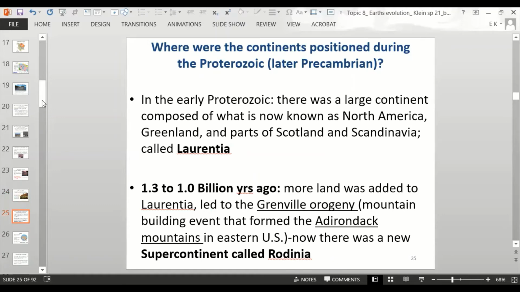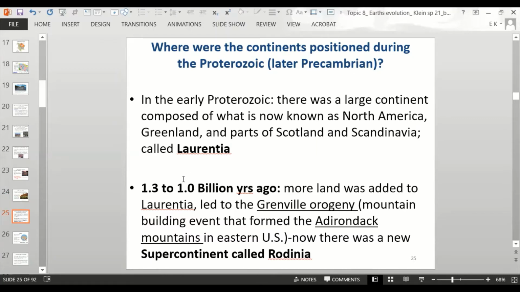You may have to go back and forth to that geologic time scale to remind yourself of what we're talking about and when. So in the early Proterozoic, there was a large continent composed of what is now known as North America, Greenland, and parts of Scotland and Scandinavia. And we call this large continent Laurentia.